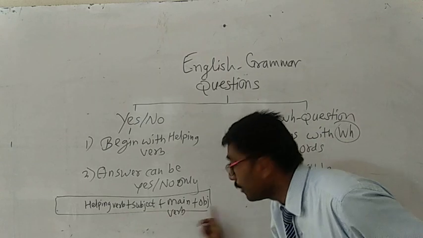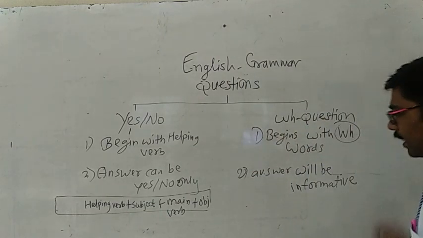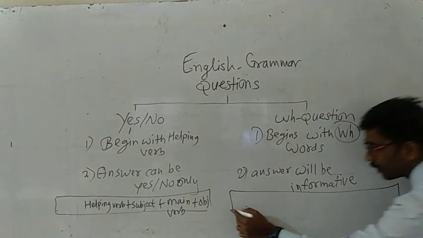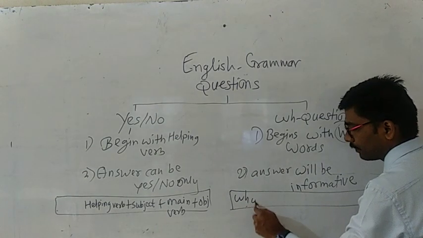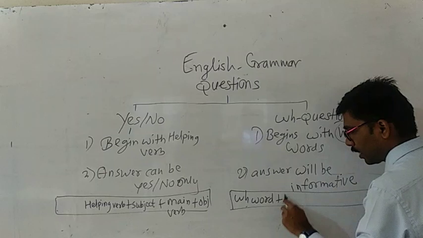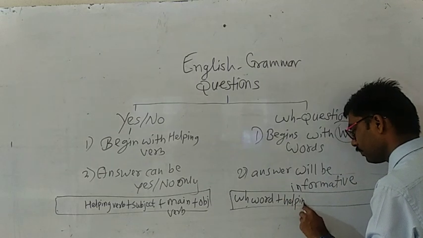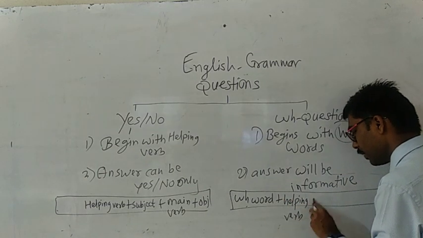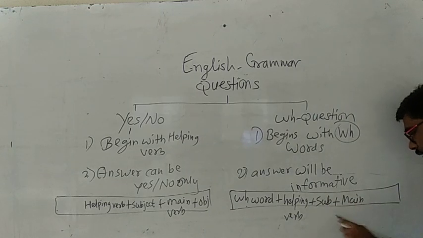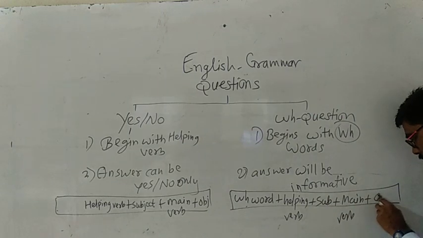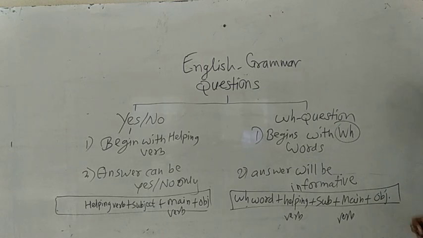Can you call him? And here the structure is different. The structure of a WH question is WH word plus helping verb plus subject plus main verb plus object. Raman Goda, isn't it? Yes, sir. Write down this also.